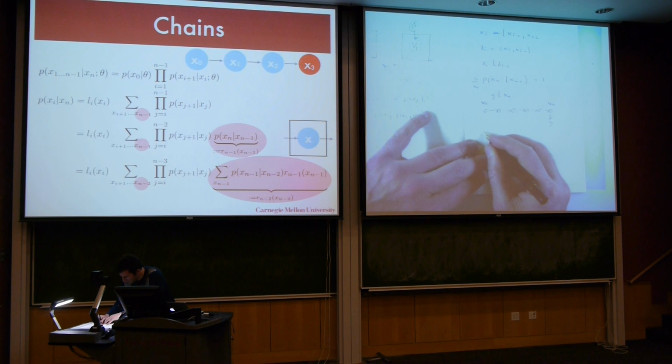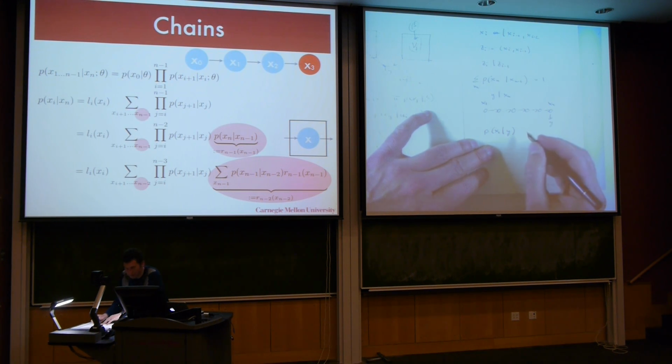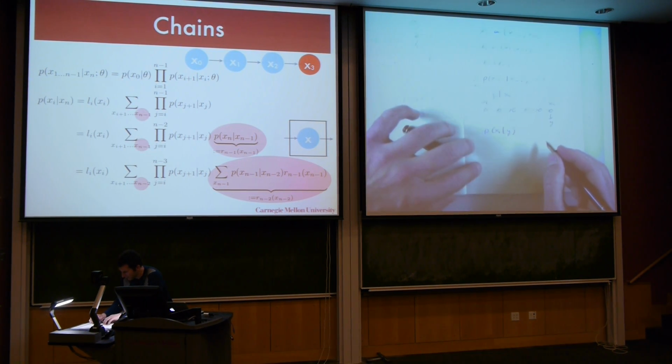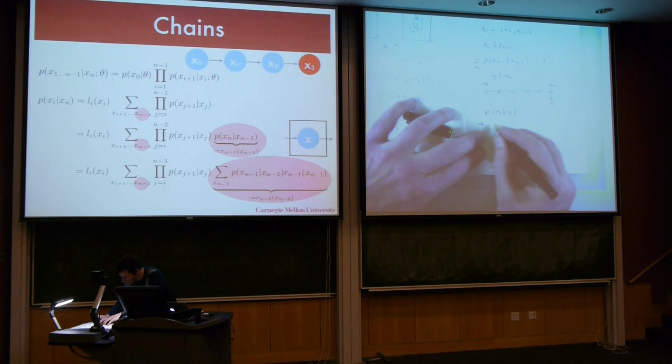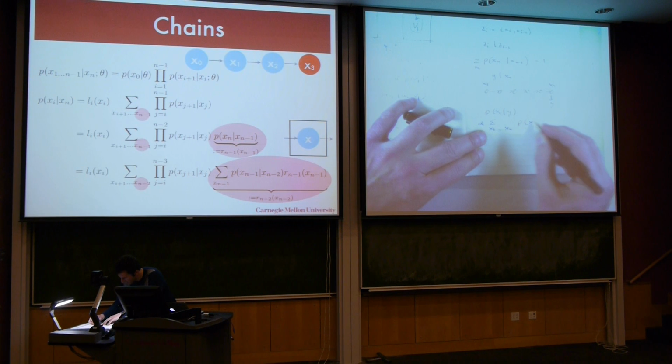And if I want to find out something like p of x1 given y, then I have to use Bayes' rule to get that. Because p of x1 given y is proportional to the sum over x2 up to xn of p of x1 up to xn and y.